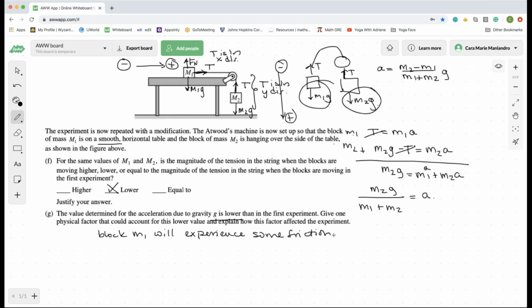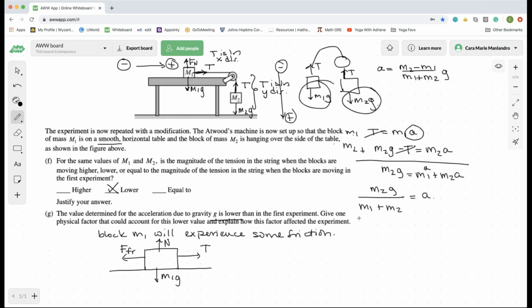All right, and so if we have some friction, what's going to happen to my observed value for acceleration? It's going to decrease. All right, why is that? Let me go ahead and draw a free body diagram just for fun. Here I have my force of friction and I have tension.